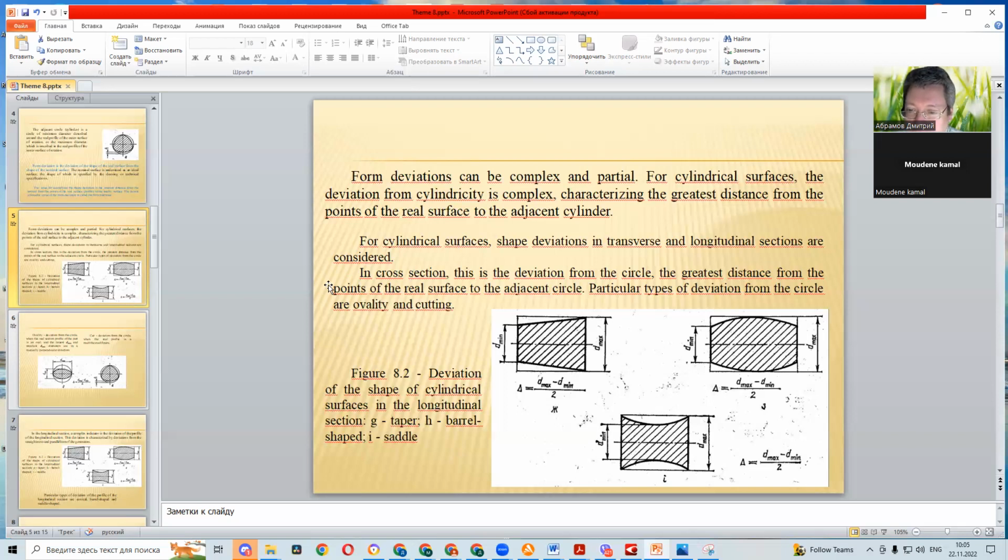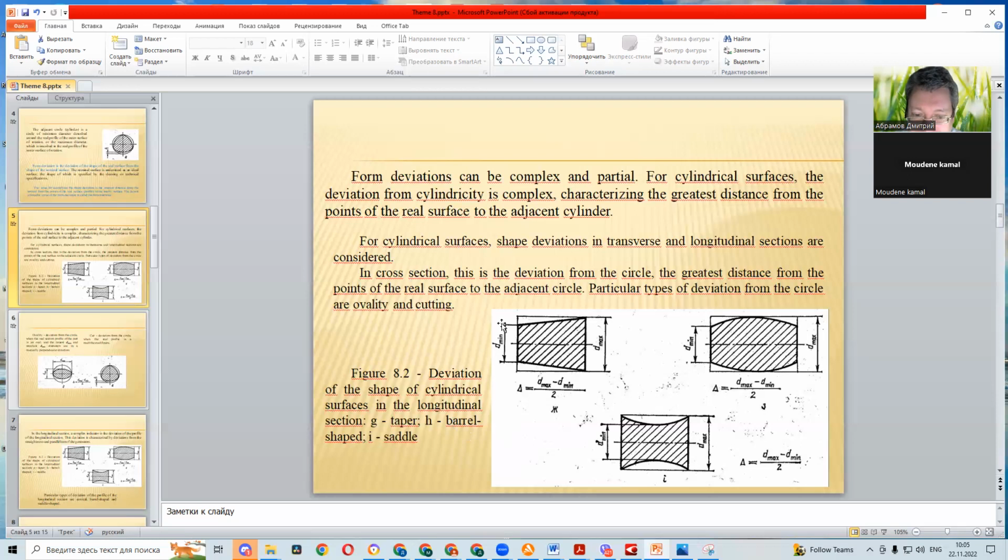Particular types of deviation from the circle are ovality and cutting. In figure 8.2, you can see deviation of the shape of cylindrical surfaces in the longitudinal section.